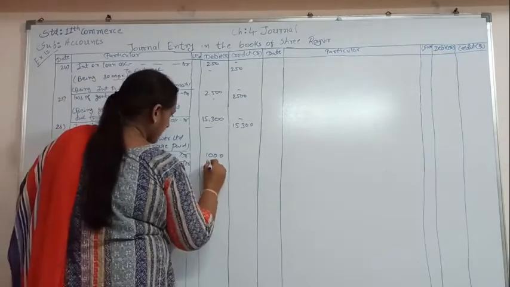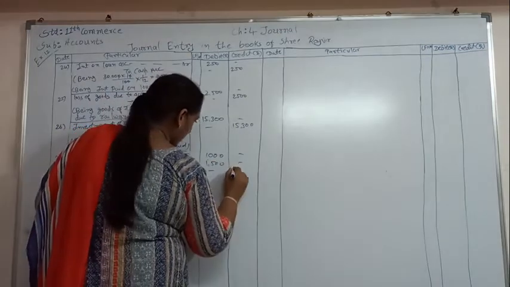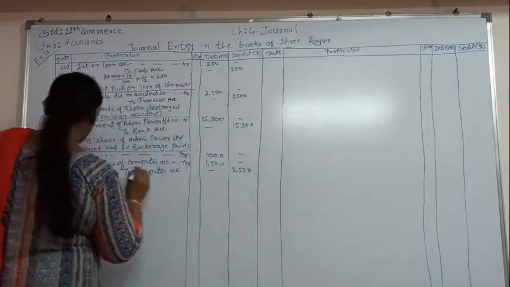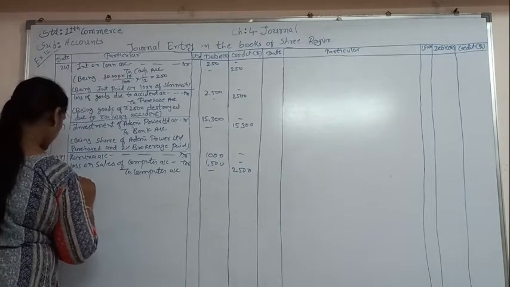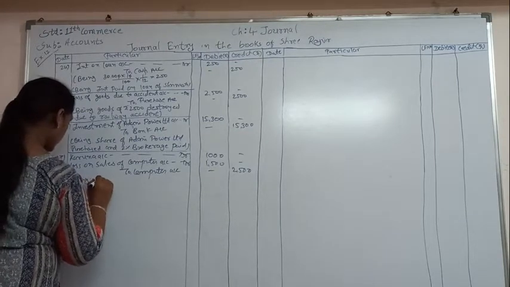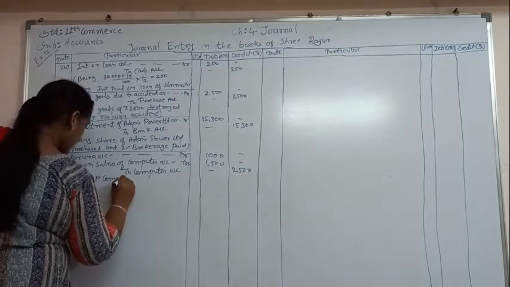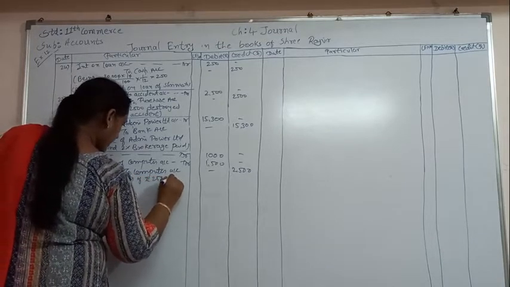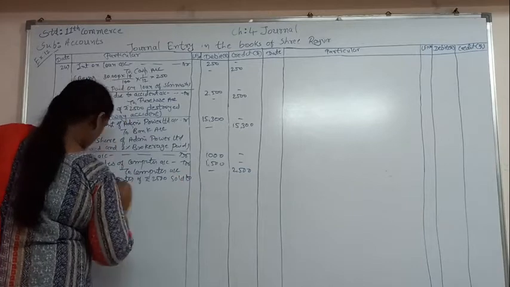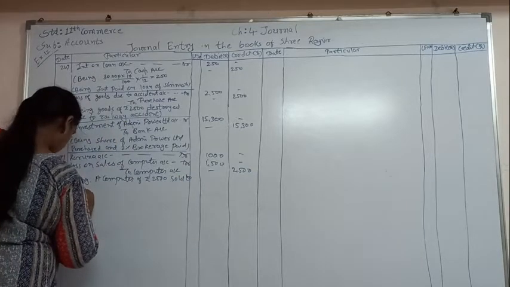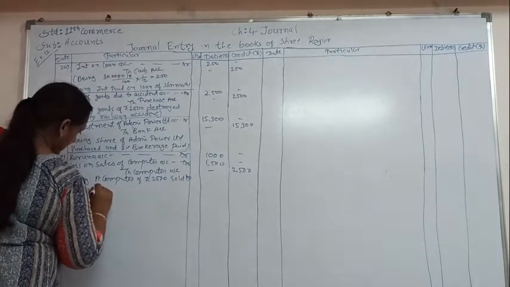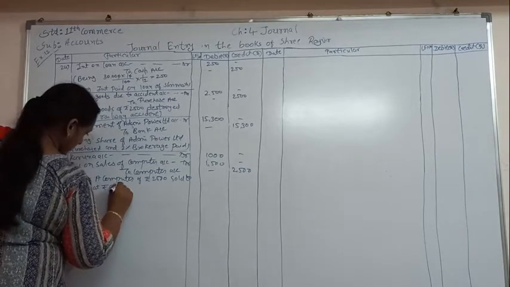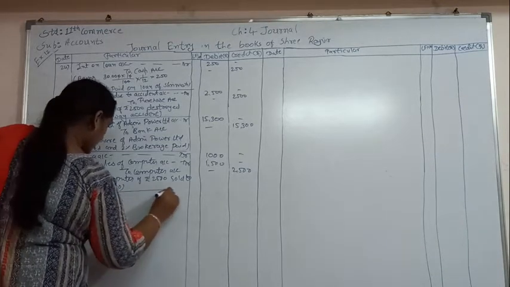Here 1500 is our loss, and here 2500. Being the computer of rupees 2500 sold to Karuna at rupees 1000.